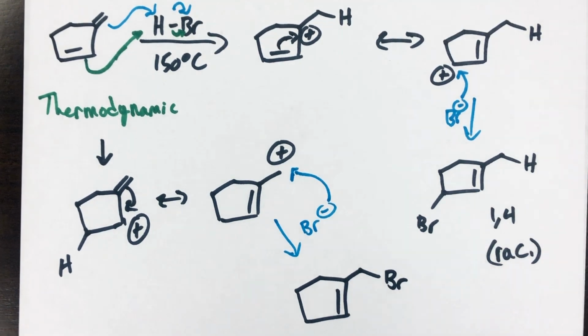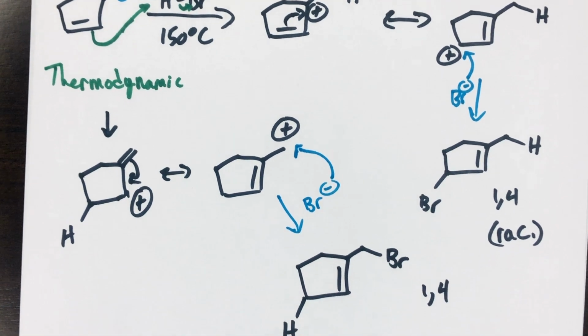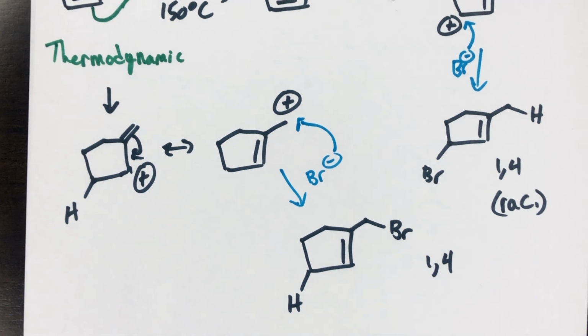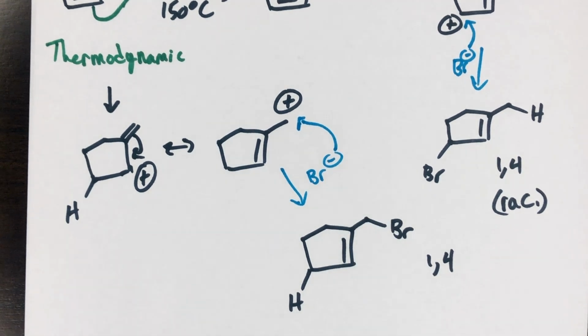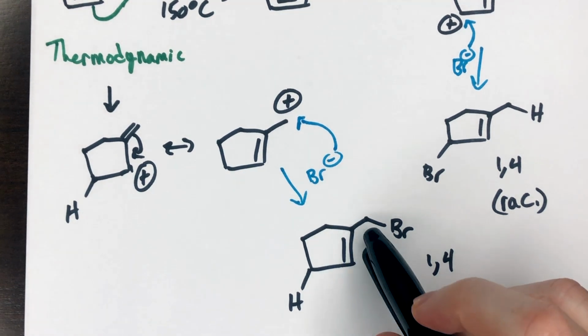Now, you cannot say that this is racemic because this is a chiral, right? Sorry, you couldn't see the hydrogen there. But this is again 1,4 addition because carbon here, 1, 2, 3, 4. But you can't say that this is chiral or racemic because that is not a chiral position here.